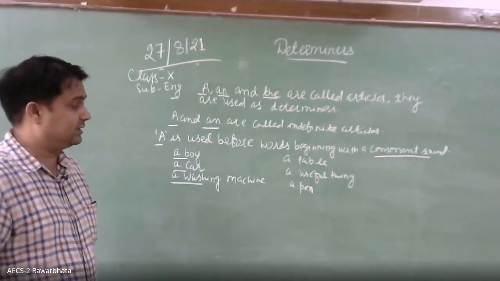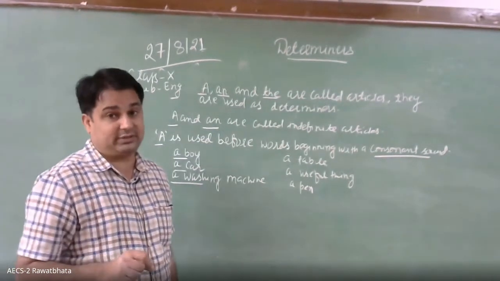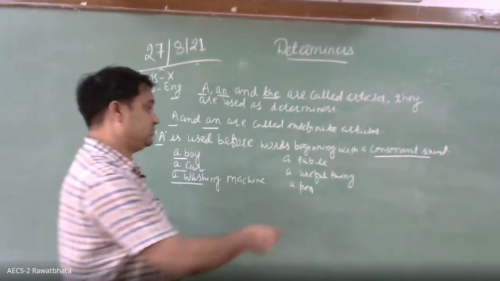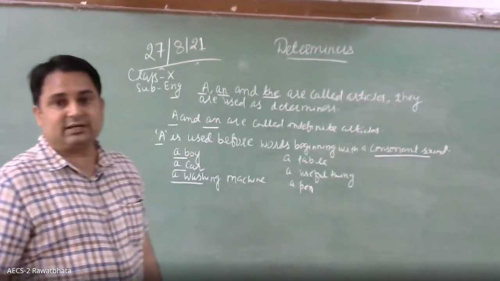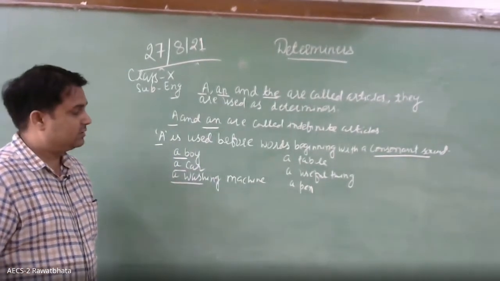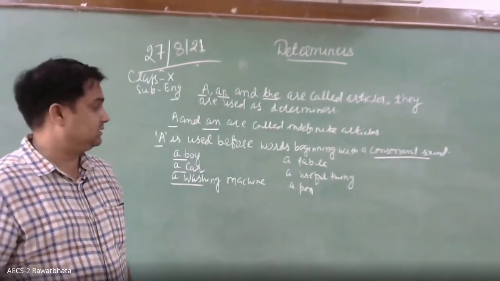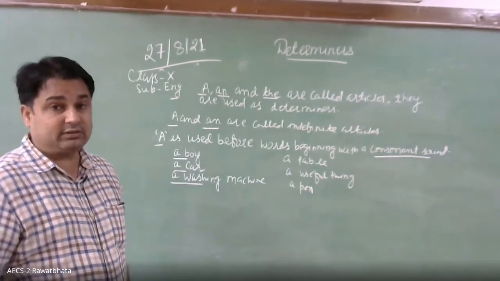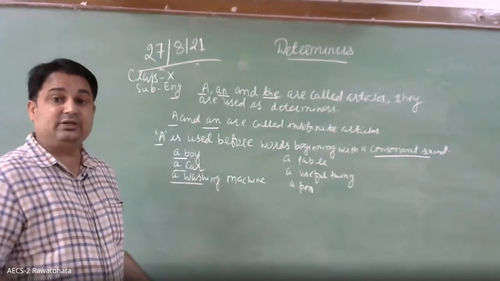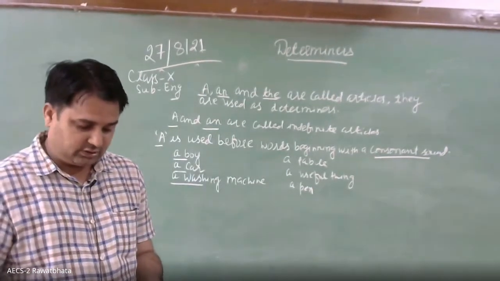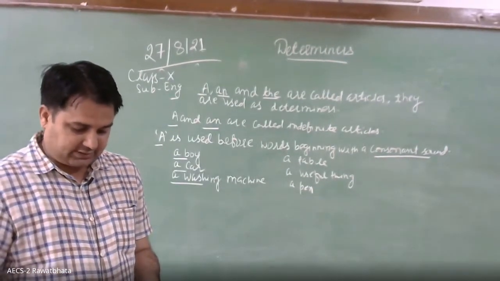Table, consonant sound. Useful, the U sound is there. Though it begins with a vowel, the sound is that of a consonant. So a useful thing, a pen, all these have consonant sounds, and that's why a is used before them.